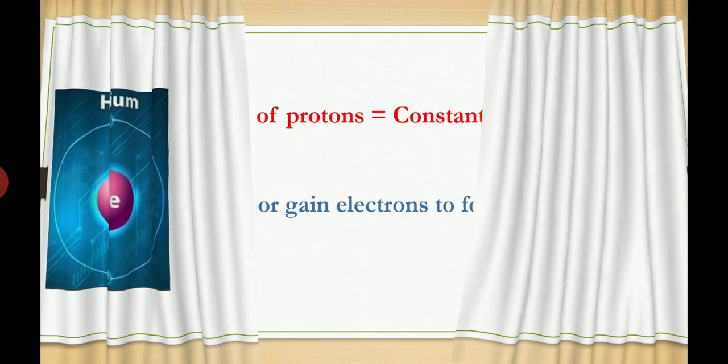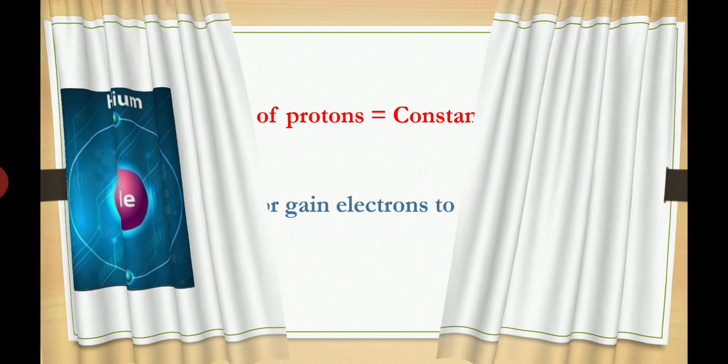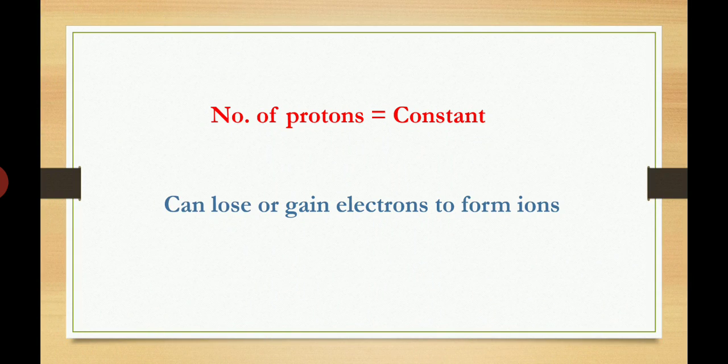Now, one thing which is very important is, in an atom, the number of protons is constant. But the atom can lose or gain electrons to form ions. That means in an atom, there is no change in the number of protons, but the number of electrons can change accordingly.